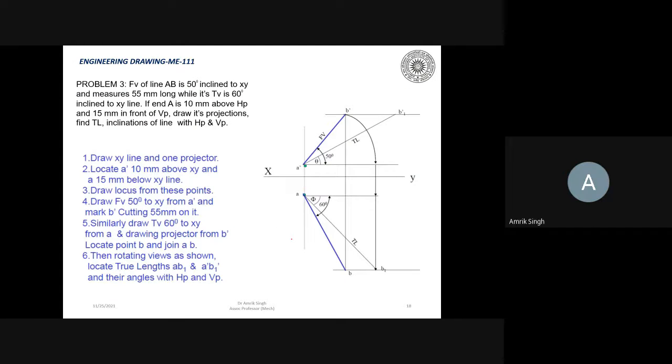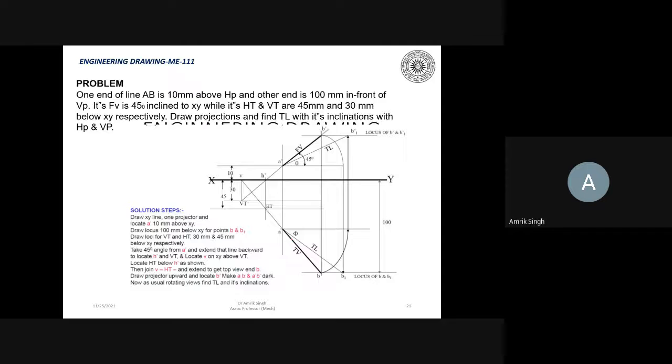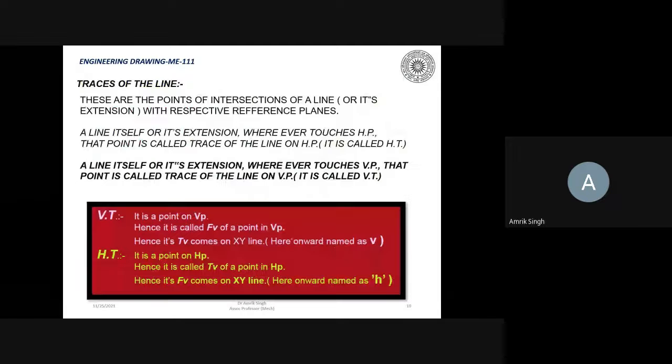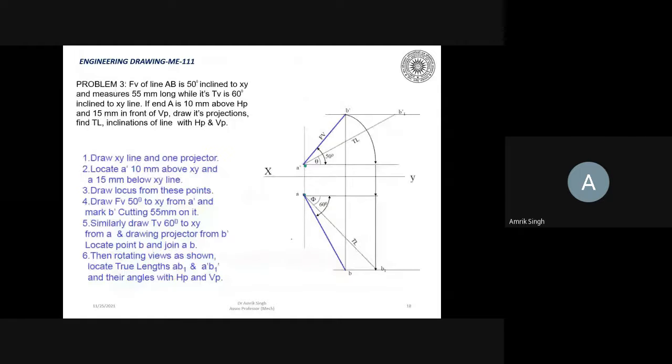Now this is the third problem. Let me see how many sides are there. Okay. So then we can do third problem. So it says that the front view of the line AB, front view. So it is view. So that means it is theta phi. Okay. So front view is theta.